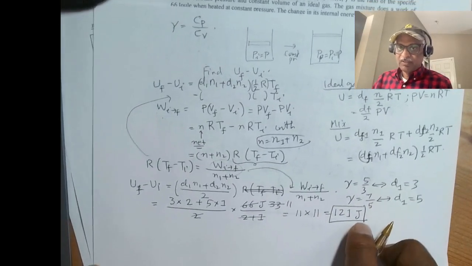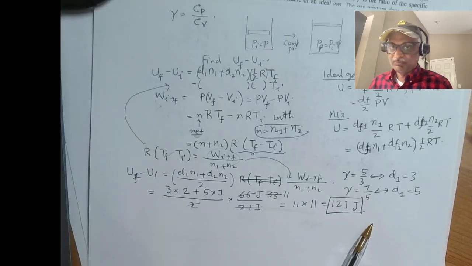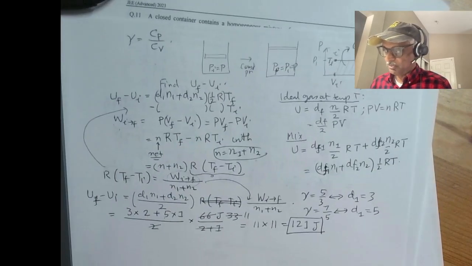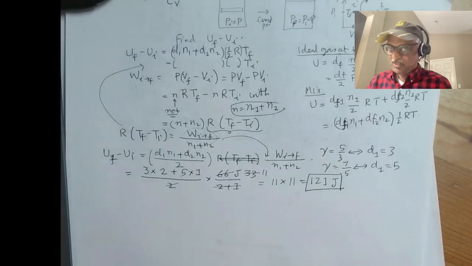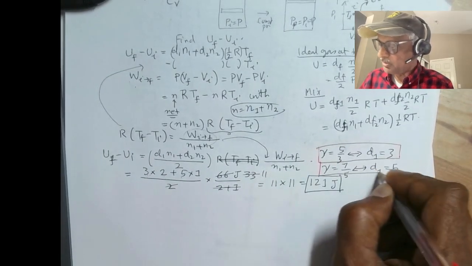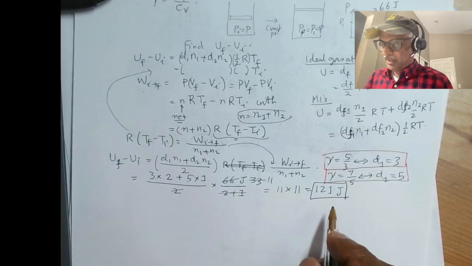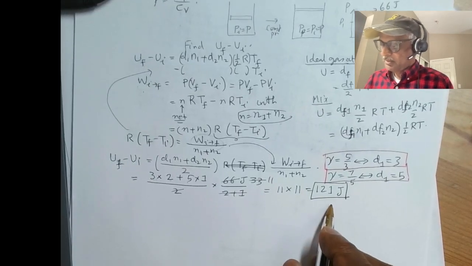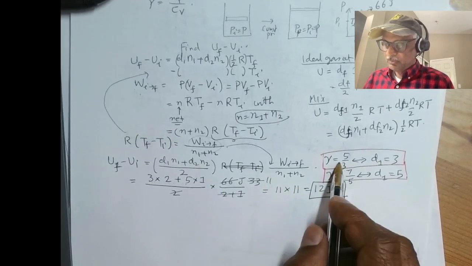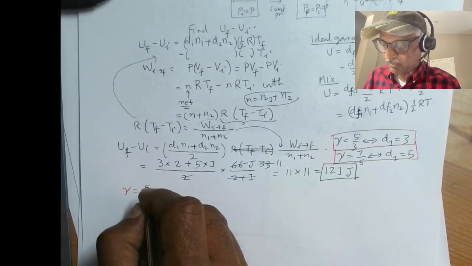Okay, so this is an interesting problem. You can see that there are a couple of things that we have to know. We have to know that we can get degrees of freedom from the gamma values that are associated. So let's just look at gamma equals 5/3.